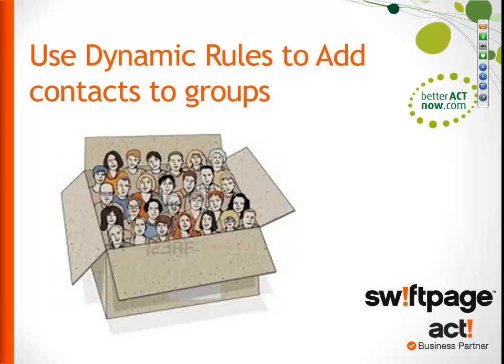So for example, if you wanted a group of everybody in Edinburgh, as soon as you put a contact in the database that's based in Edinburgh, they'll automatically drop into the Edinburgh group. So that's how these dynamic rules work, and I'm sure you're actually using those. But again, if it's something you'd like me to demonstrate, I'm happy to do so.